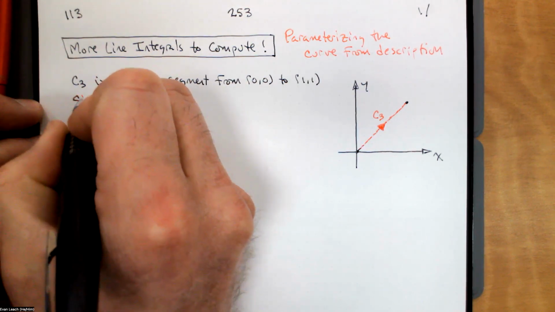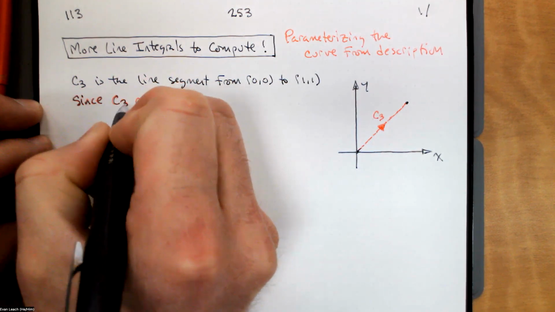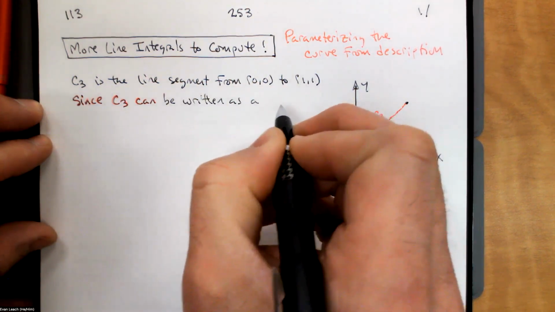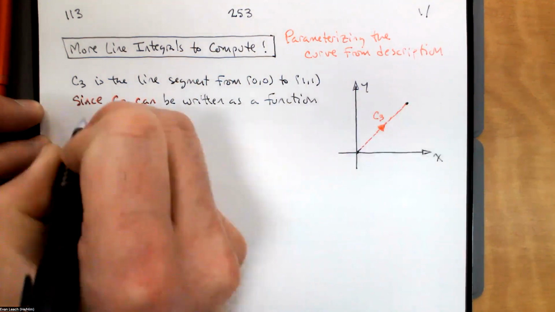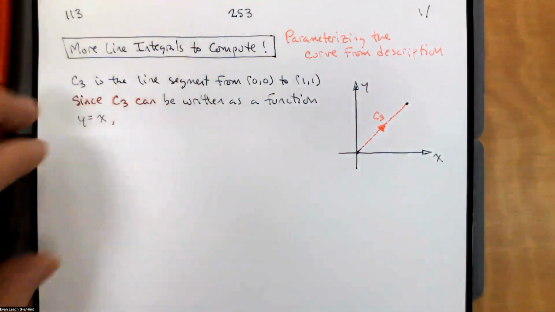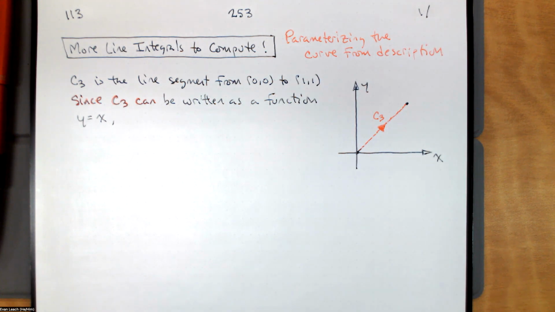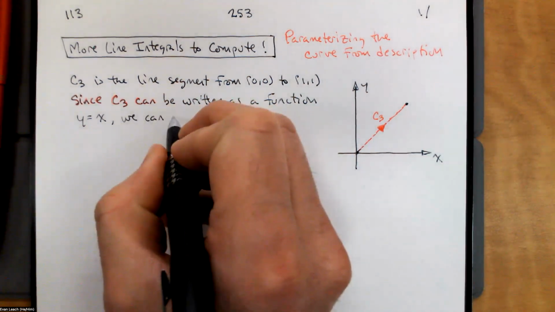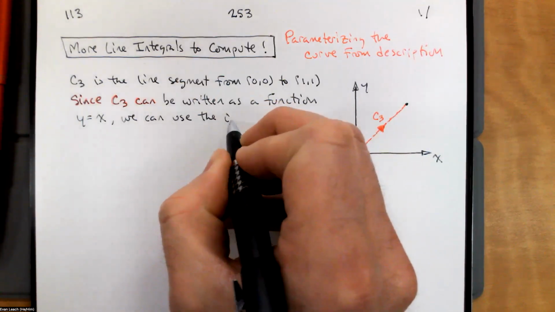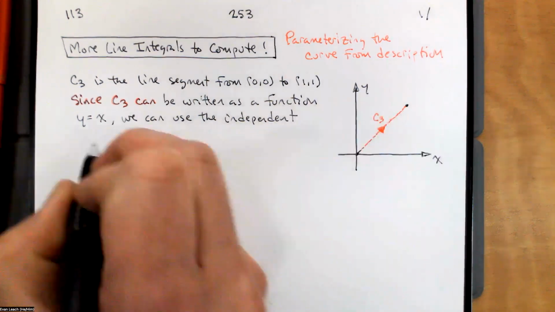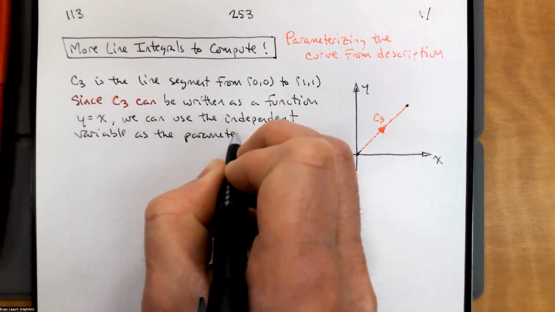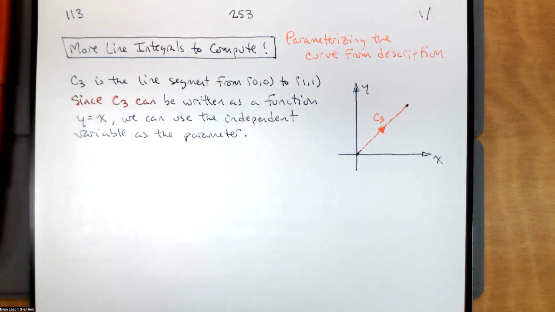Writing whole sentences in highlight colors is weird. Since C3 can be written as a function like y equals x, we can just use that independent variable as the parameter.